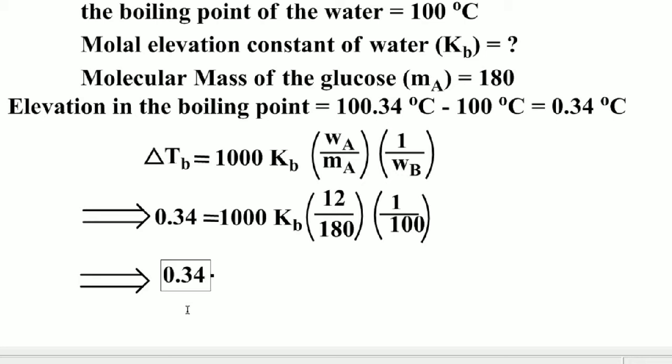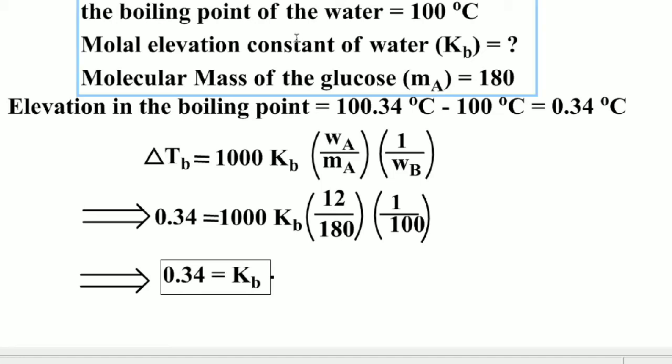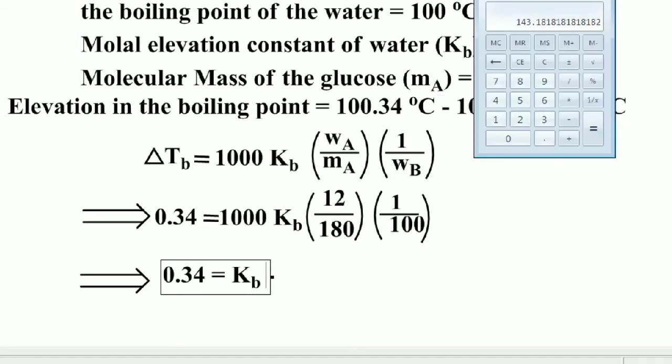So 0.34 is equal to, you can write like this, students, kb into 1000 into 12. So we can solve this one, students. 1000 into 12 means 12,000, divided by 180, we get 66.66. 66.66 divided by 100, we get 0.66.